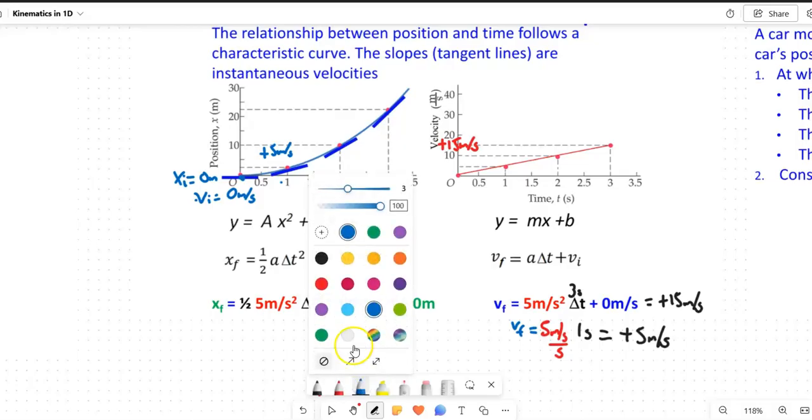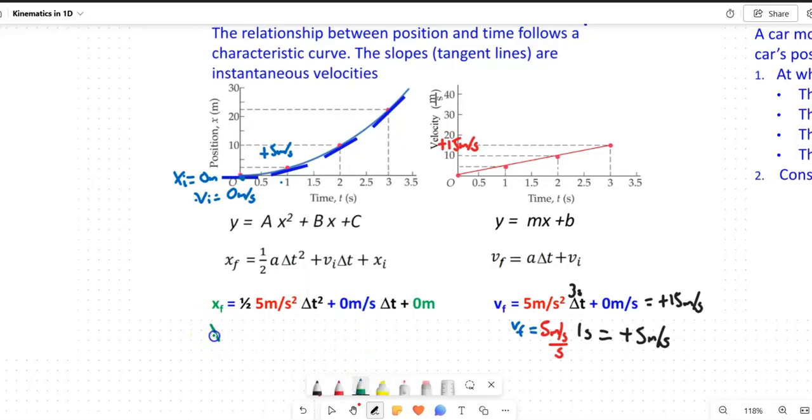To figure out what that position is after the first second, we're going to put in a 1 right here. So that's going to be 1 squared times 5 divided by 2, which is positive 2.5 meters. And then we're going to go 1 second times 0, which is 0, and then plus the initial position of 0.